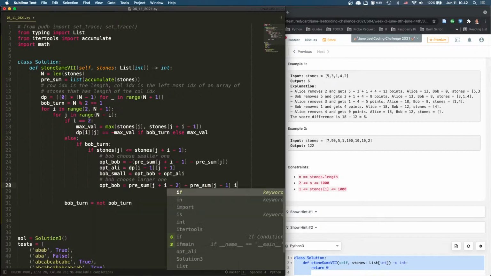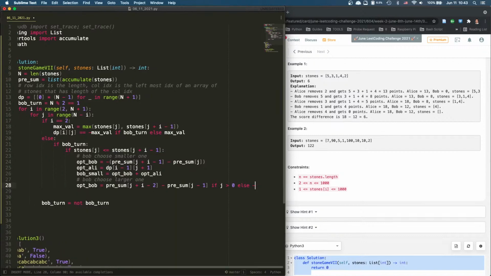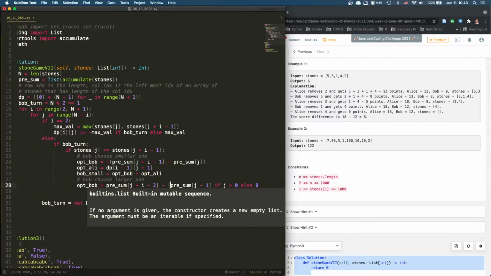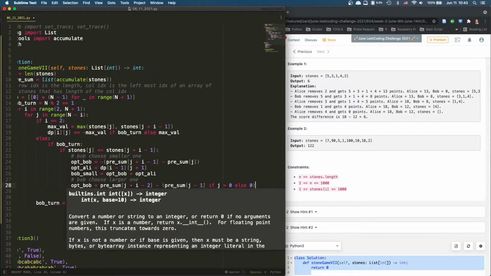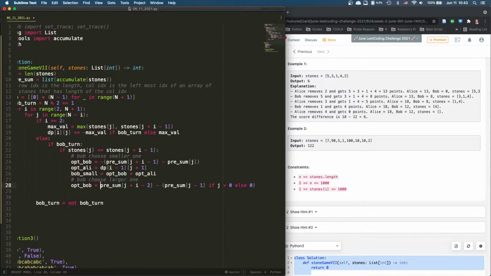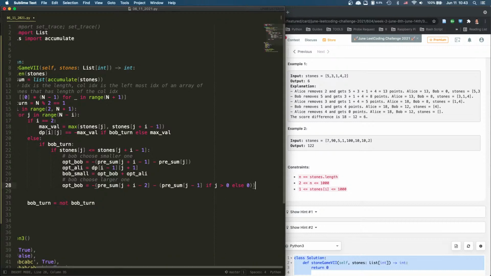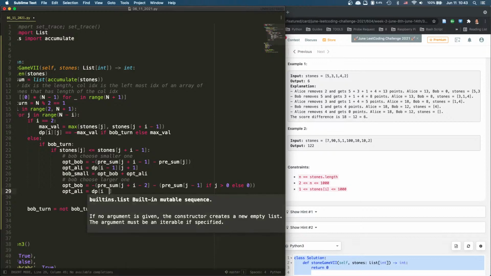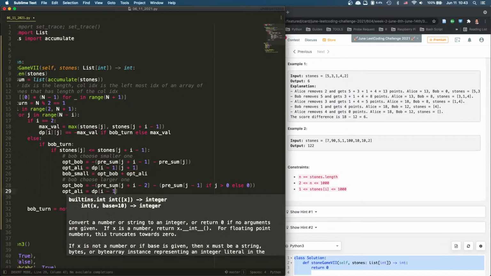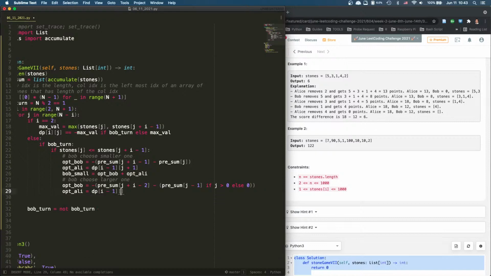Now here we're going to do if j is larger than 0, else 0. So we're going to have to do this, right? And then the whole thing going to be minus, because Bob's optimal Bob and the optimal Alice is in dp, same thing, I minus 1. And because I pick j plus I minus 1, right?